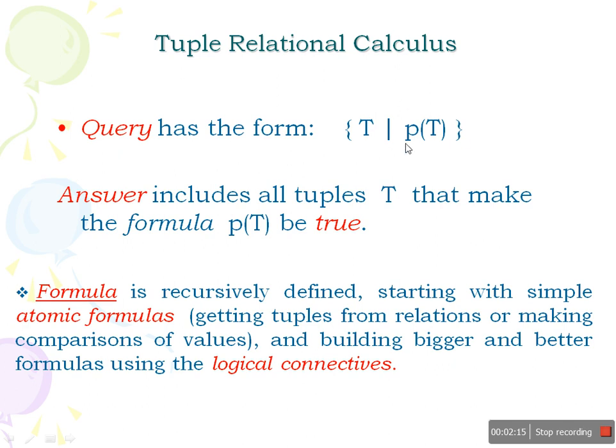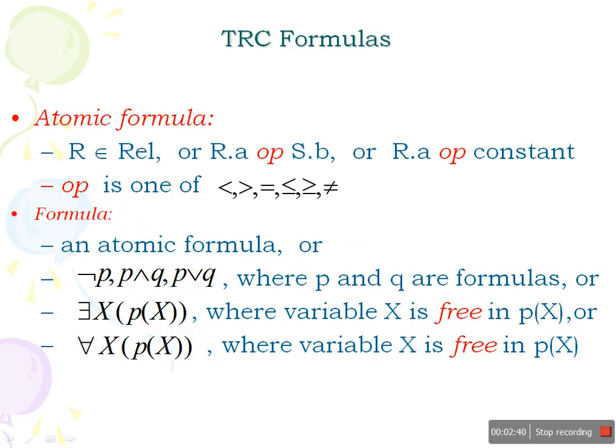When we discuss in detail what P of T is, we will see what formulas we can include in P of T. A formula is recursively defined, starting with simple atomic formulas and building bigger and better formulas using the logical connectives.